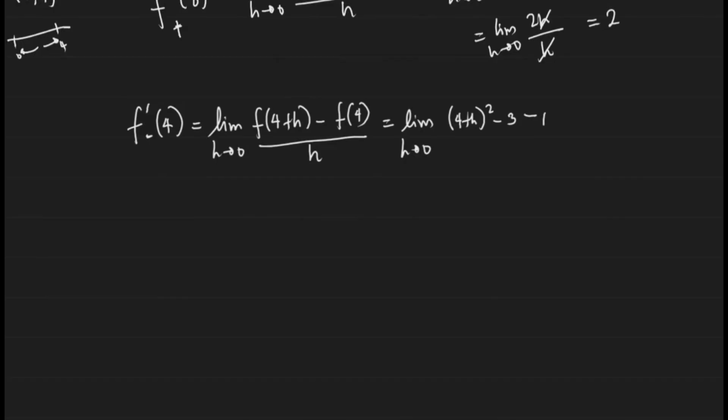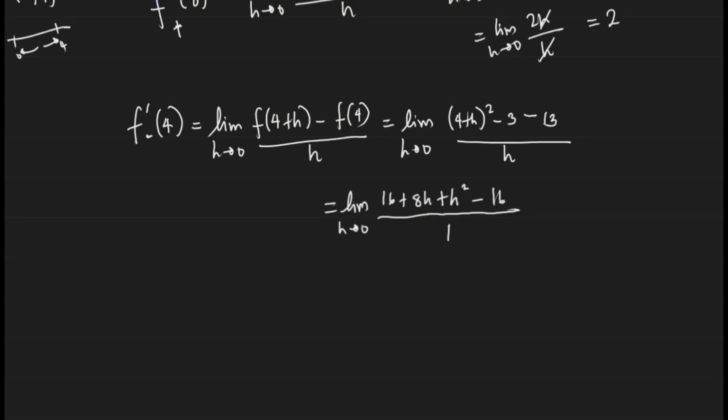Then minus 13 all over h, which is the same thing as the limit as h tends to 0 of, if you open this thing up, you have 16 plus 8h, then plus h squared, minus 16, that's minus 3 minus 13 all over h. This one will cancel this one out, so you have the limit as h tends to 0 of 8h plus h squared all over h.